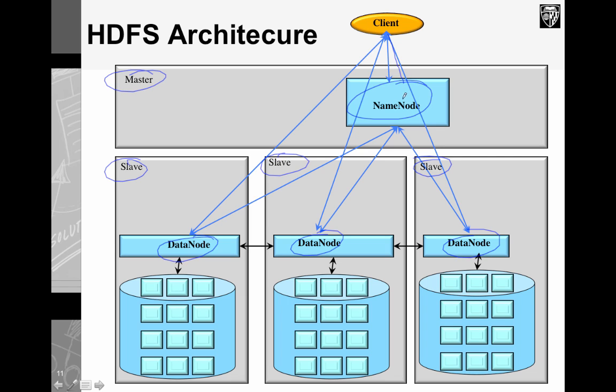The name node says, oh, okay, if you want to create a file, well, you may want to break the file into blocks, and those blocks will be placed in these different machines. And then the clients communicate directly with the data nodes so that the blocks can be written across multiple machines. And there will be replication of these blocks so that there is duplication and redundancy.